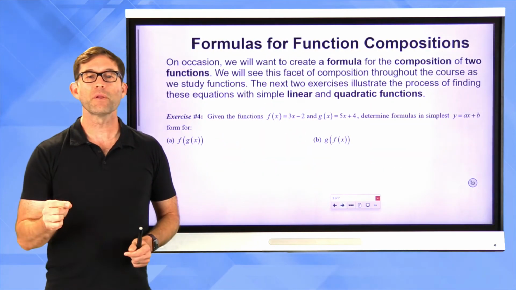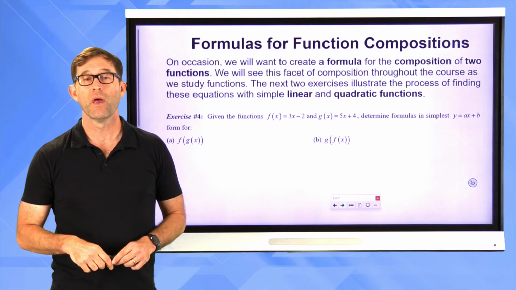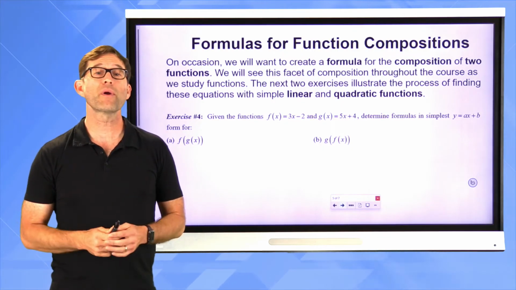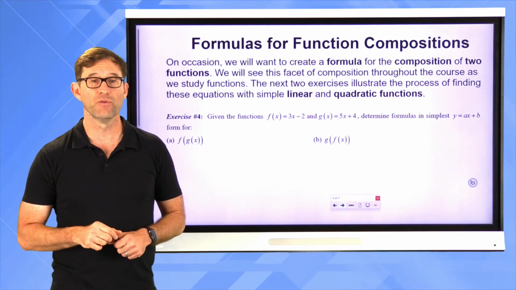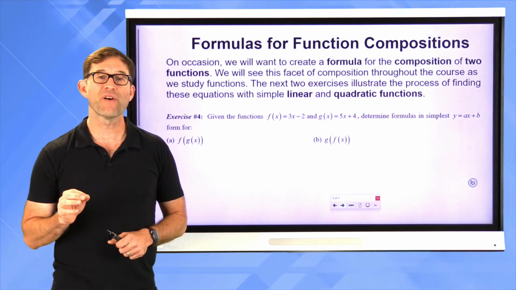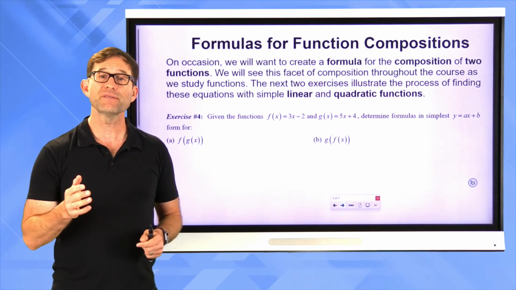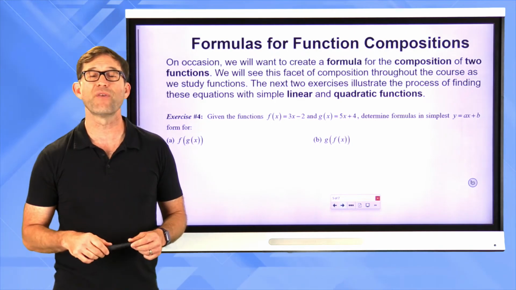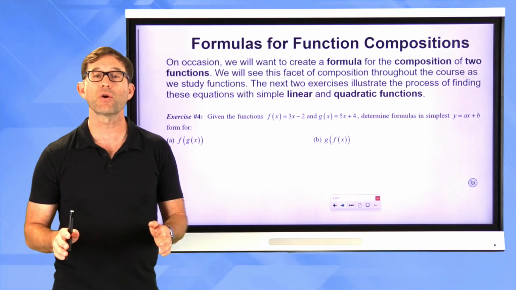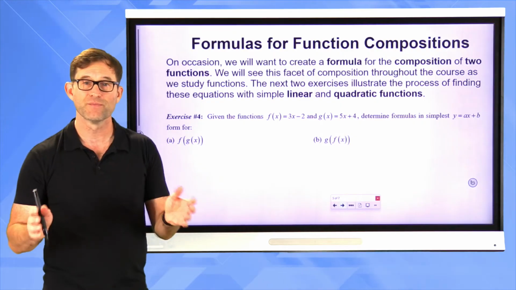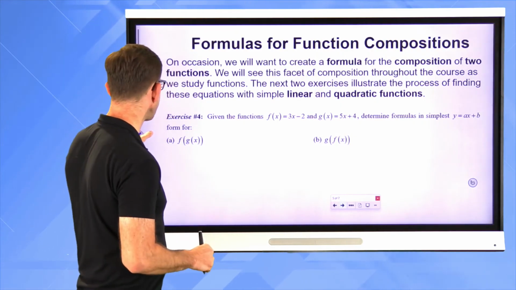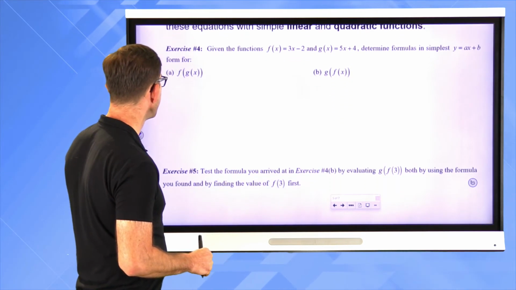Anyway, formulas for function composition. On occasion, we will want to create a formula for the composition of two functions. We will see this facet of composition throughout the course as we study functions. The next two exercises illustrate the process of finding these equations with simple linear and quadratic functions. So, let's take a look at exercise number 4.